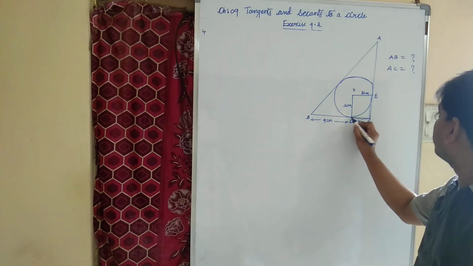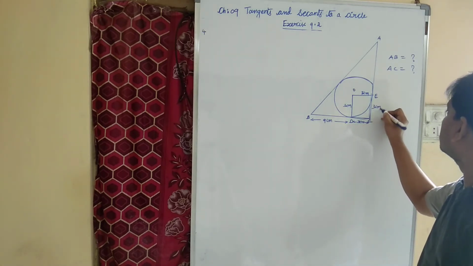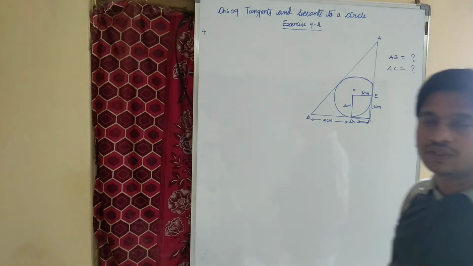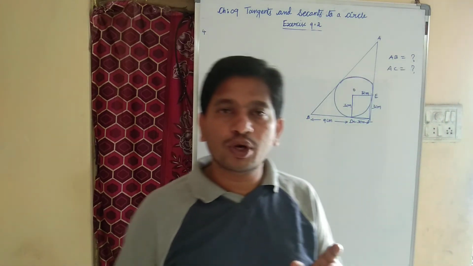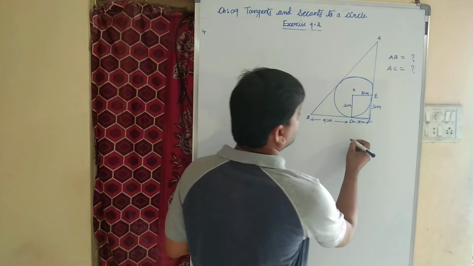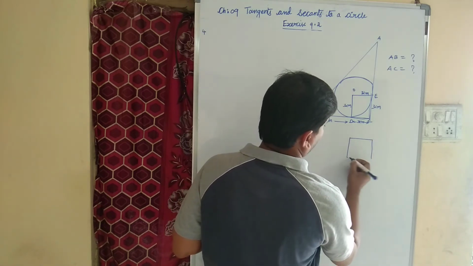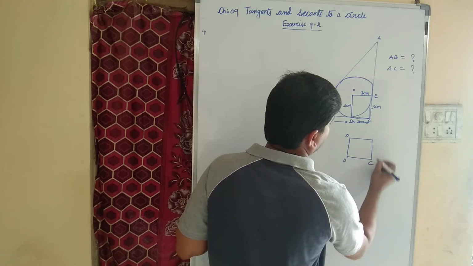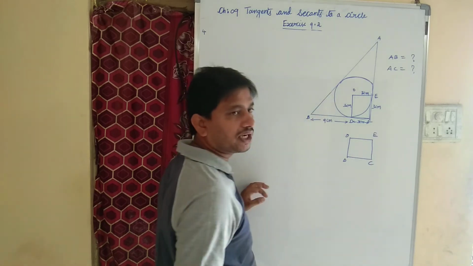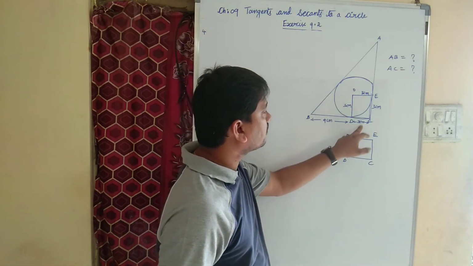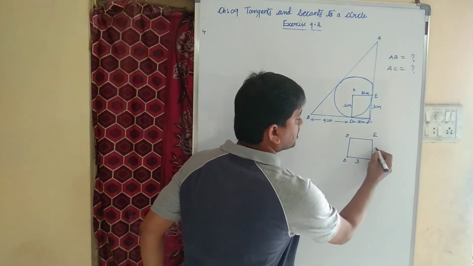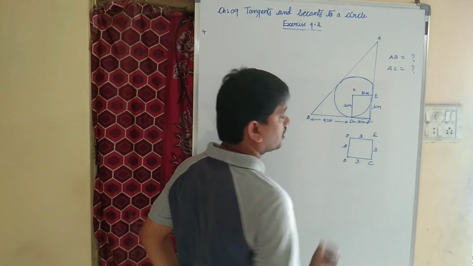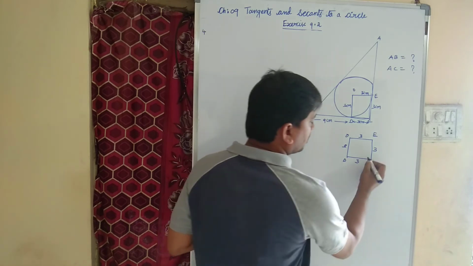So if CD is 3 cm, then CE is also 3 cm. Then what about O, D, C, E? In it all four sides are equal, each and every side is 3 cm. Hence, this quadrilateral is a square, right?